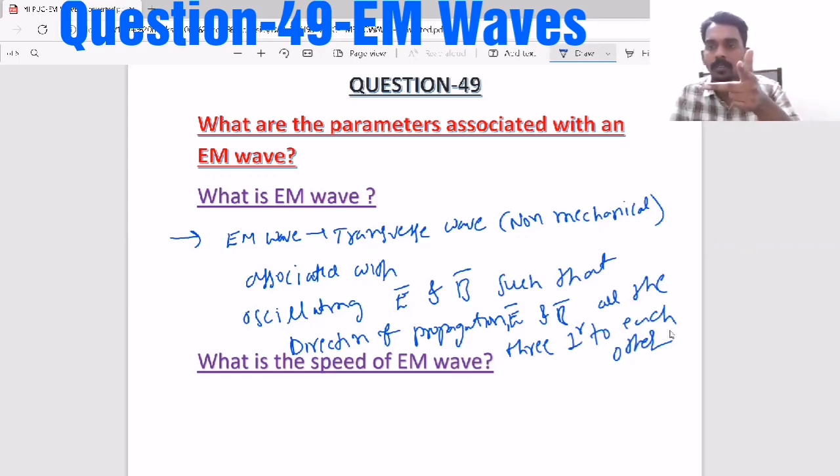So direction of propagation, electric field and magnetic field must always be perpendicular to each other, like along x, y, z. Such a wave, which is always associated with oscillating electric and magnetic fields, we call an electromagnetic wave.